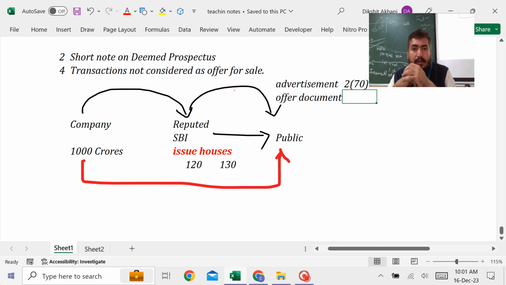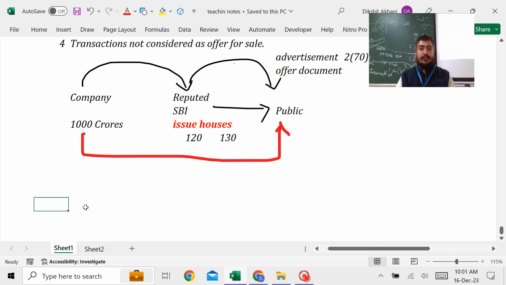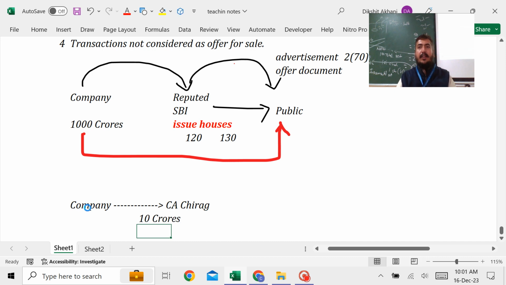I'm giving you one more model over here and you just try to compare this. Okay? There is one company. The company has already issued shares, let's say to me. And the total share value is 10 crores. Now I need funds. It is an unlisted company.